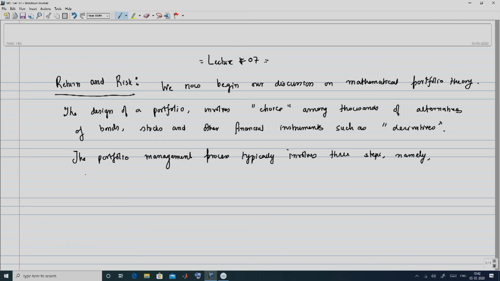These 3 steps are security analysis, portfolio analysis, and portfolio selection. Let us go through them one by one. The first one is the security analysis.